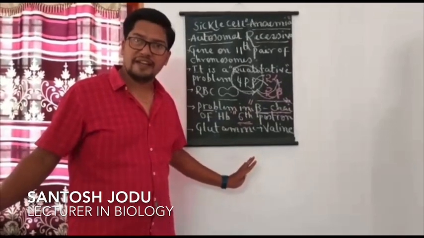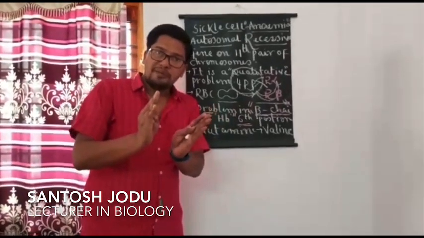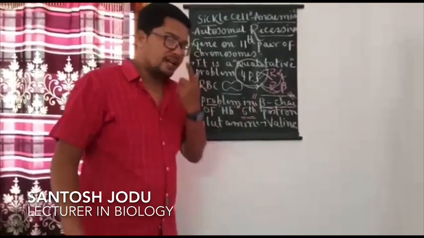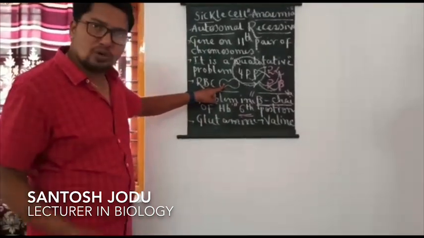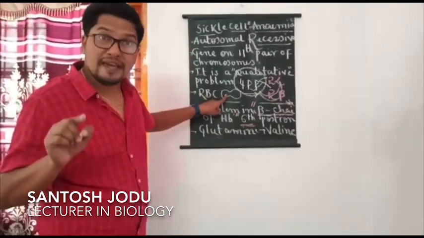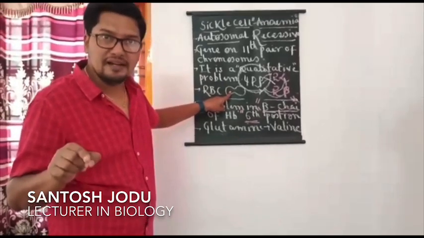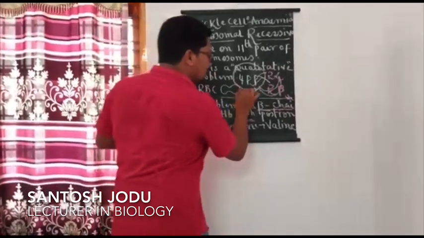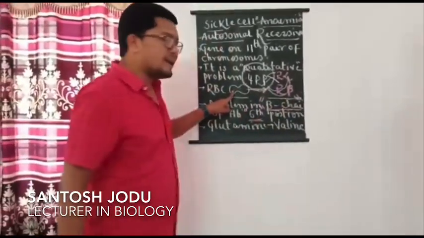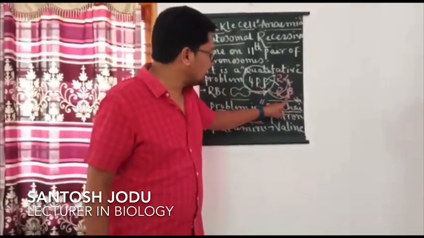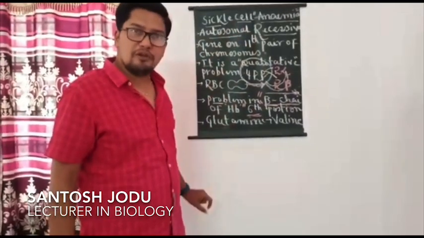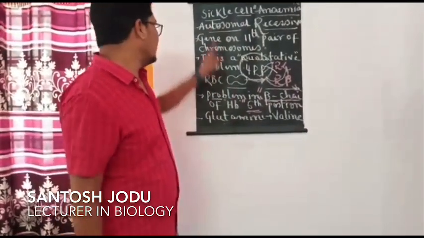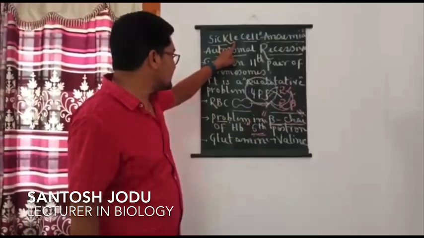So it is very clear, hemoglobin primary structure is changed. And that hemoglobin structure only is responsible for the biconcave shape of the RBC. As hemoglobin structure is changed, RBC shape also gets changed from biconcave to sickle shaped, and the person develops symptoms of anemia. That's why this condition is called sickle cell anemia.